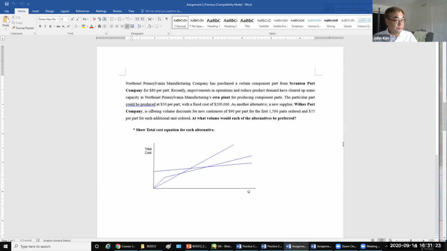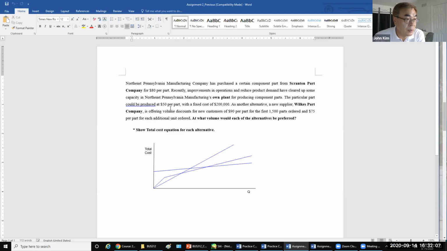Okay, let's see. Northeast Pennsylvania Manufacturing Company has purchased a certain component part from Scranton Part Company for $80 per part. Recently, improvements in operations and reduced product demand have cleared up some capacity in Northeast Pennsylvania Manufacturing's own plant for producing component parts.